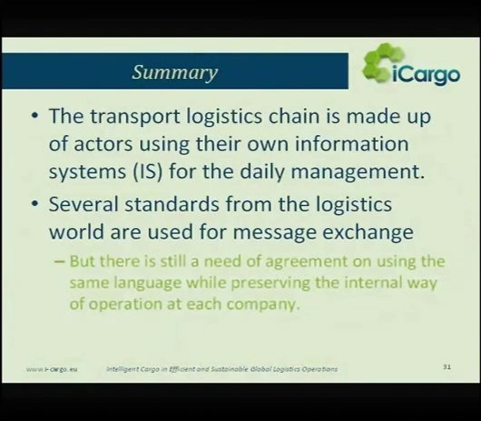Just to finalize, I would like to summarize what we have been talking about. Just to clarify, the transport logistics chain, as you know, is made up of actors using their own information systems for daily management. Although several standards from the logistics world are used for message exchange, there is still a need for agreement on using the same language while preserving the internal way of operation at each company.